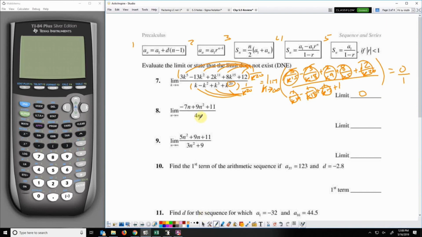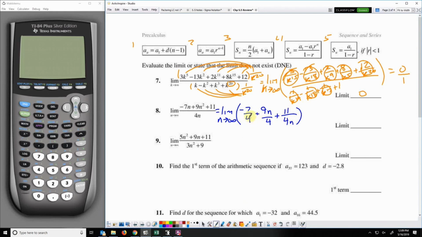When there is one term in the denominator, it's easier just to split the fraction. So it's the limit as n approaches infinity of negative 7n over 4n, so that's negative 7 fourths, plus 9n squared over n, so that would be plus 9n over 4, plus 11 over 4n.